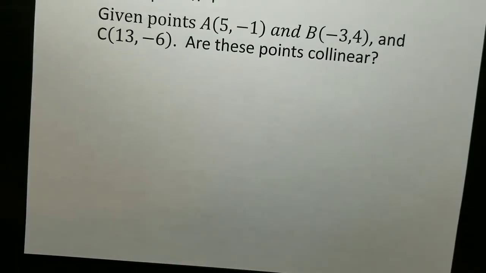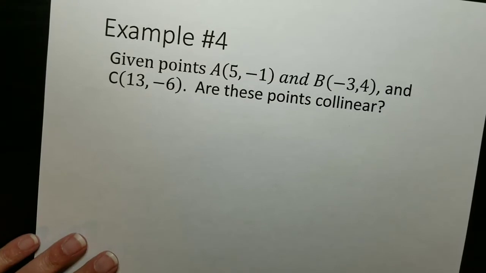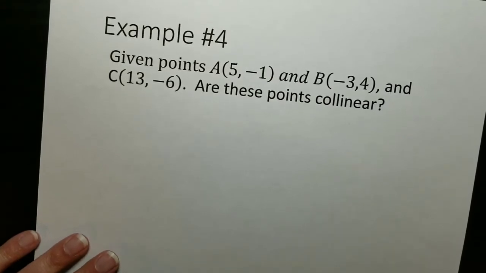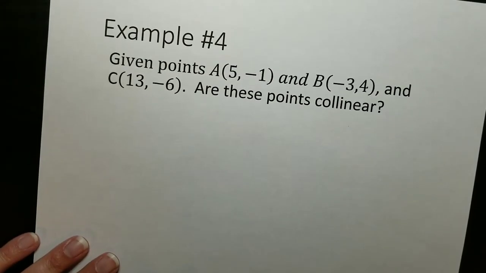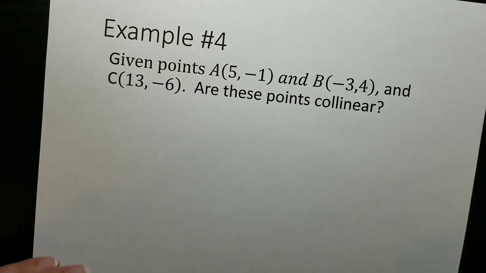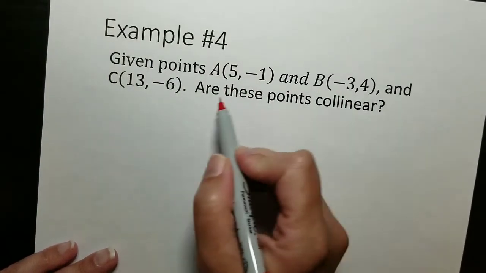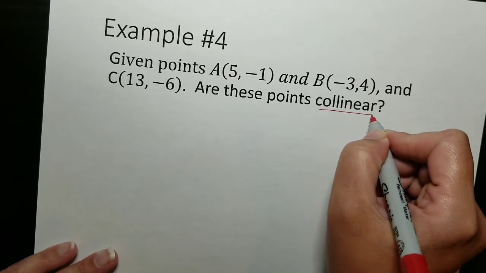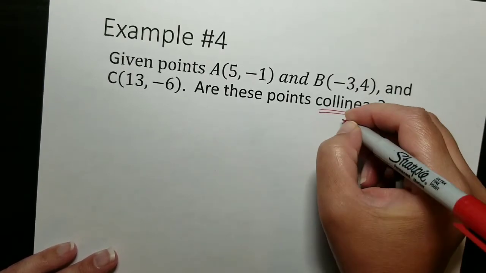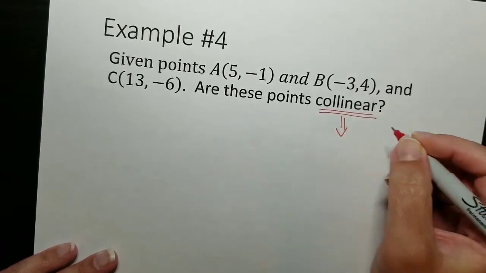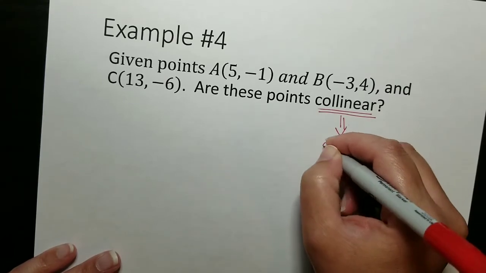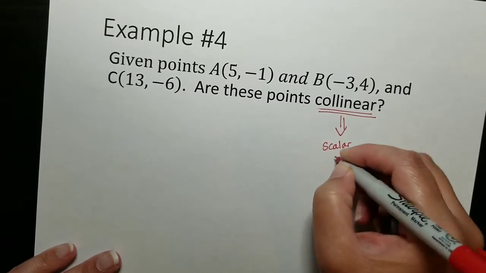The last question here is a little bit of a review from the previous unit, thinking about collinear vectors. Remember, we've got 3 points. Are these points collinear? If you see the word collinear, I want you to think scalar multiples.